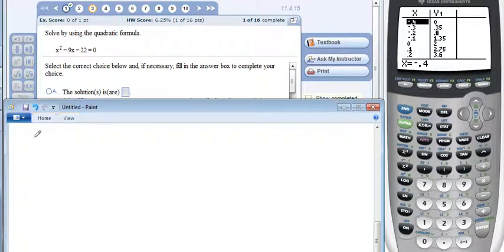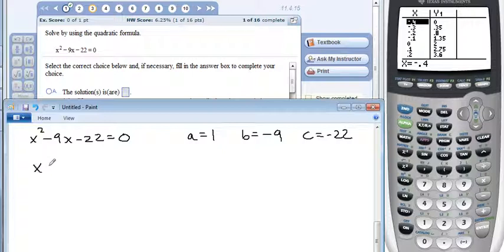All right, so we have x squared minus 9x minus 22 equals 0. Okay? It's in standard form, so a is 1, b is negative 9, c is negative 22. Remember, we carry our signs with those. Plugging into the formula, we have x equal to minus b.